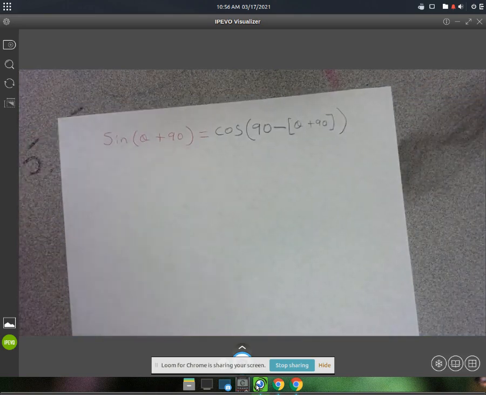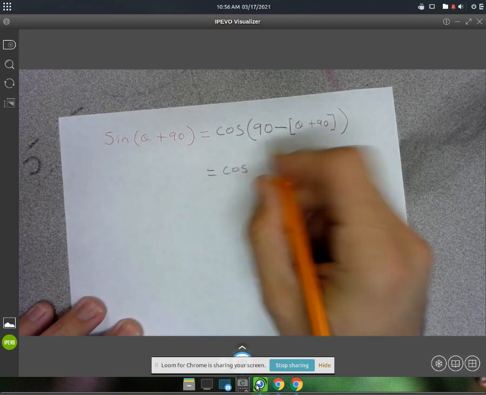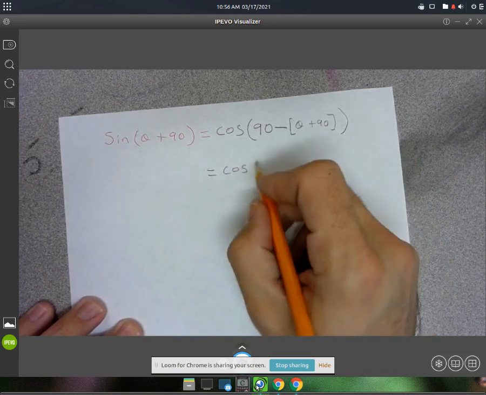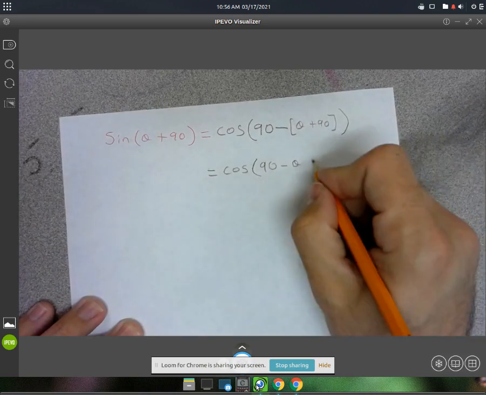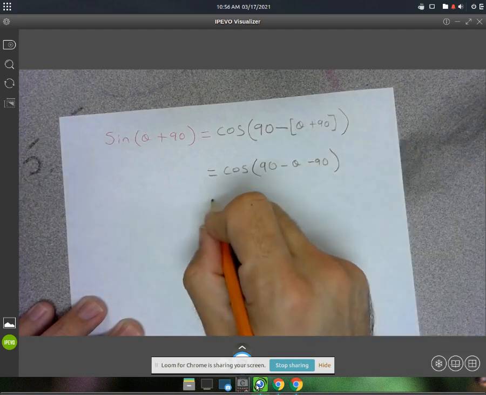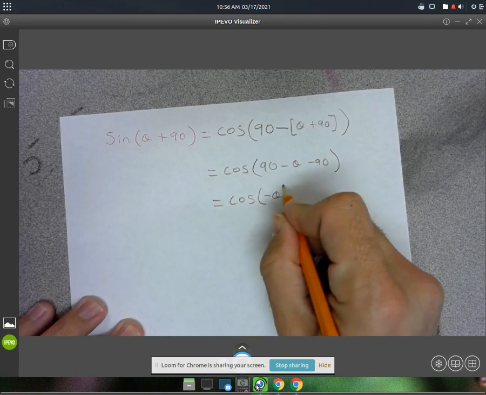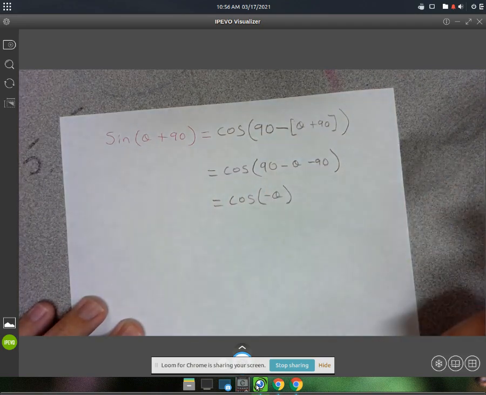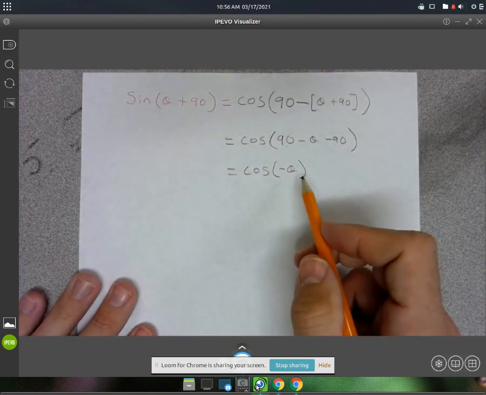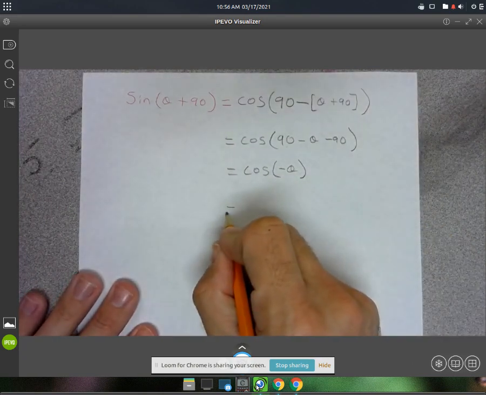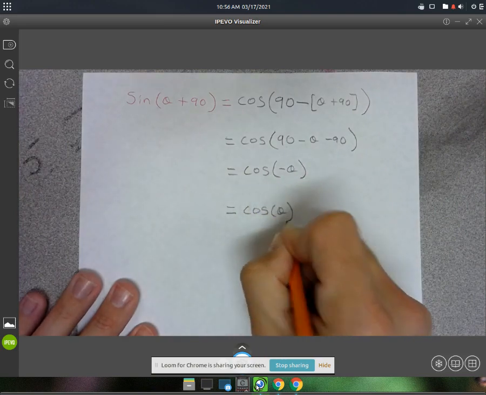All right, so to simplify this, I'm going to get cosine of 90, distribute my negative, so it's going to be minus theta minus 90. And this is going to be cosine of negative theta. The 90s just cancel each other out, one positive, one negative. And cosine of negative theta, if you remember that one, was equal to cosine of theta.